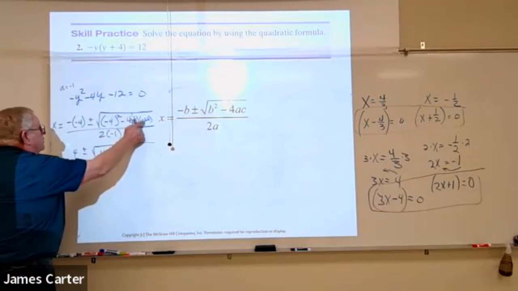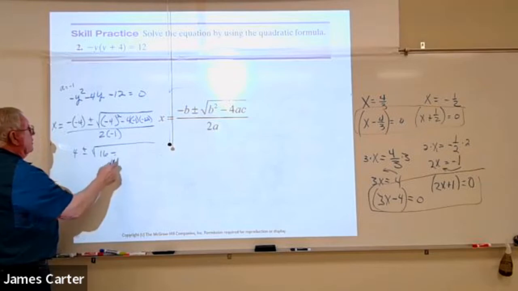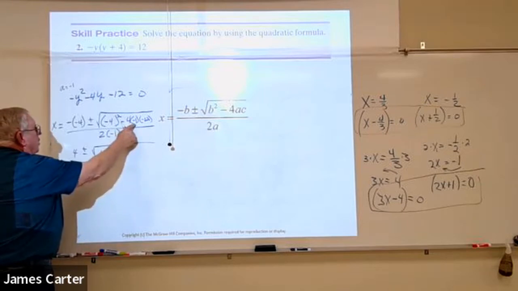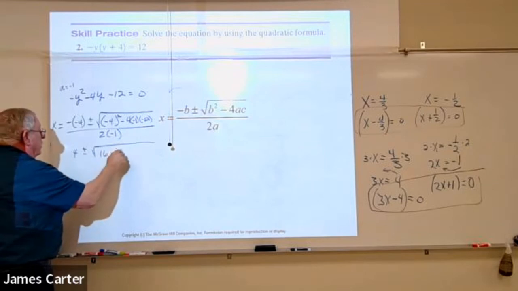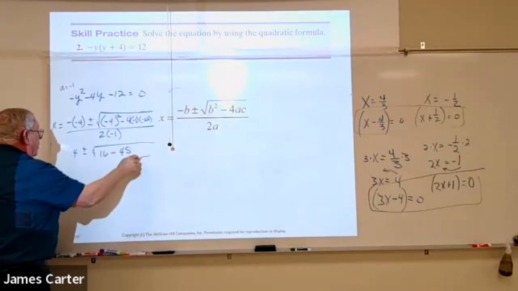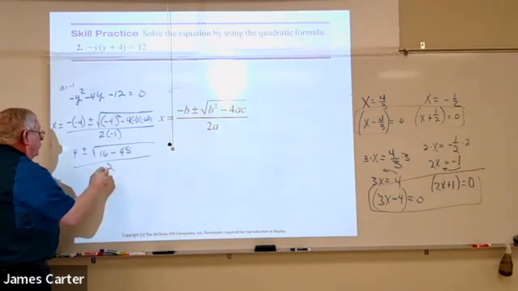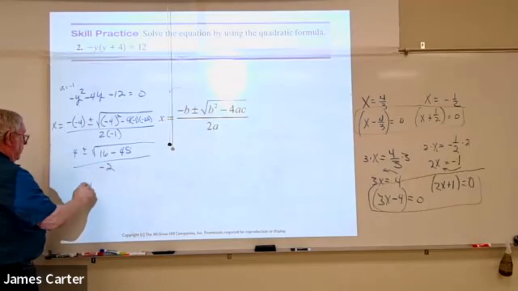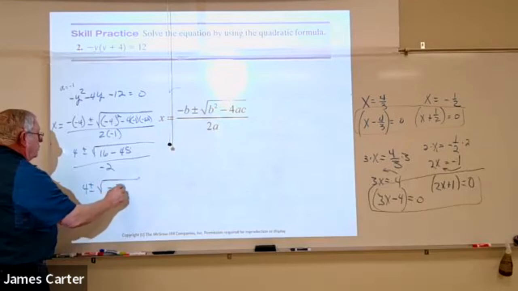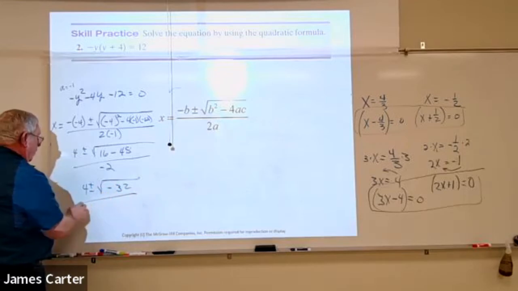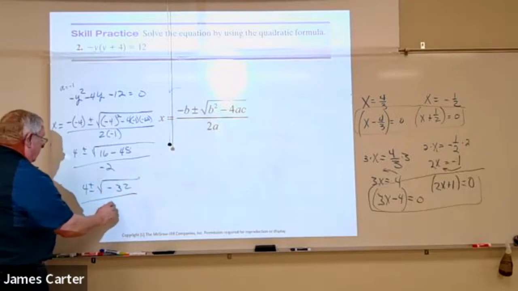So 4 times 1 is 4, times 12 is 48, all over -2. 4 plus or minus the square root of -32 over -2.